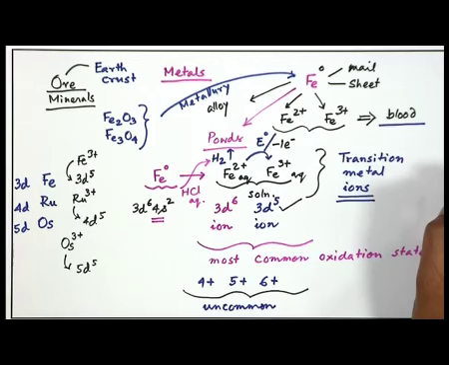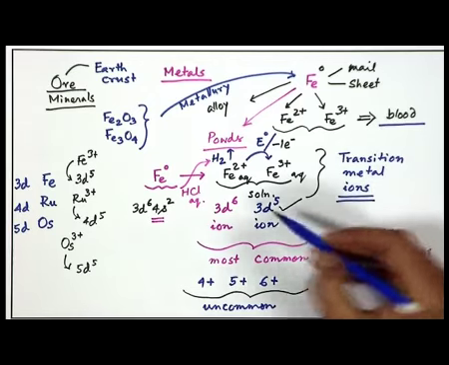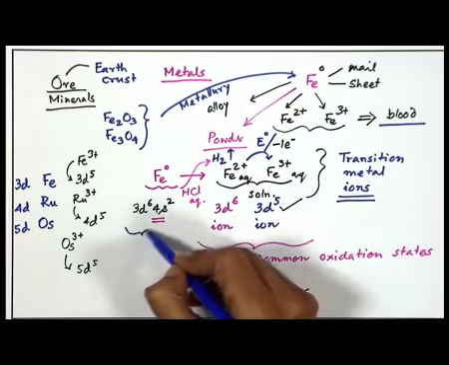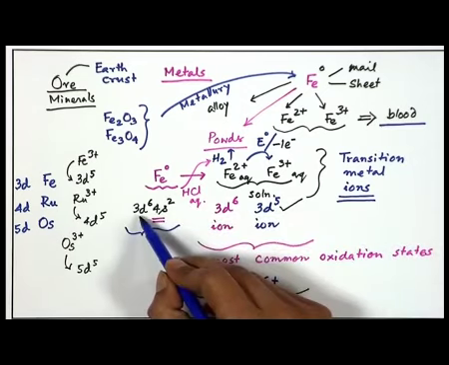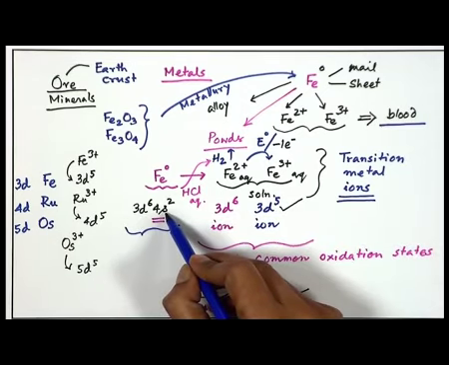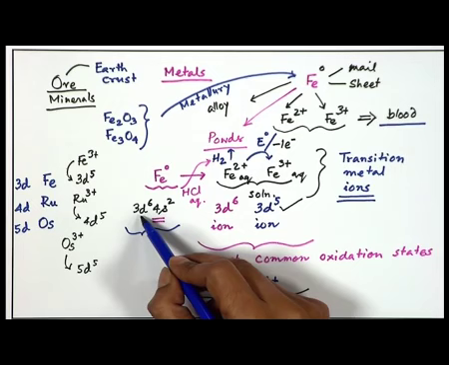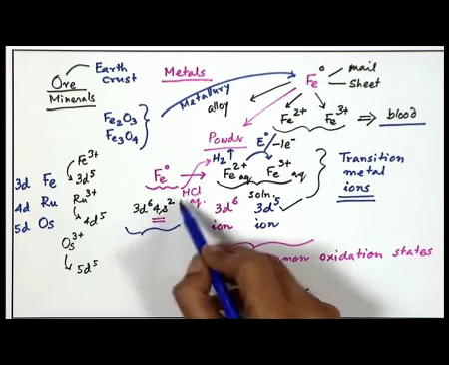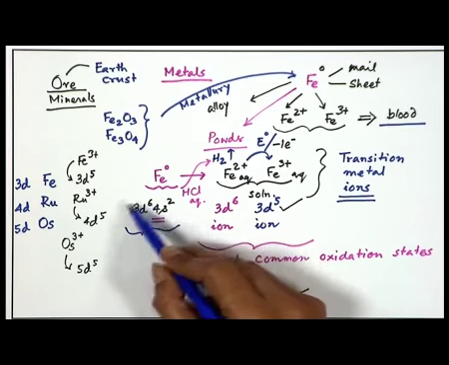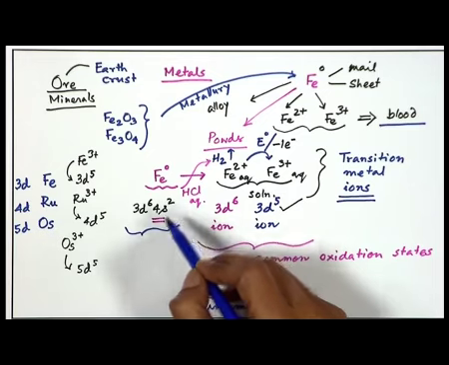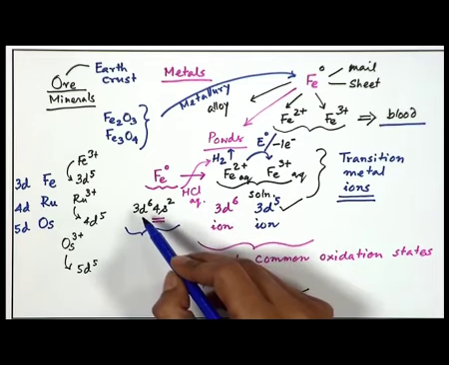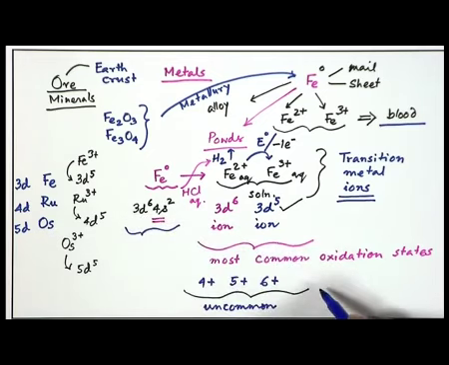But altogether, what can we have? Altogether we can have 8 electrons, 2 in the s level and 6 in the d level. If we remove all these electrons from the s shell and d shell, we will get 8 plus.